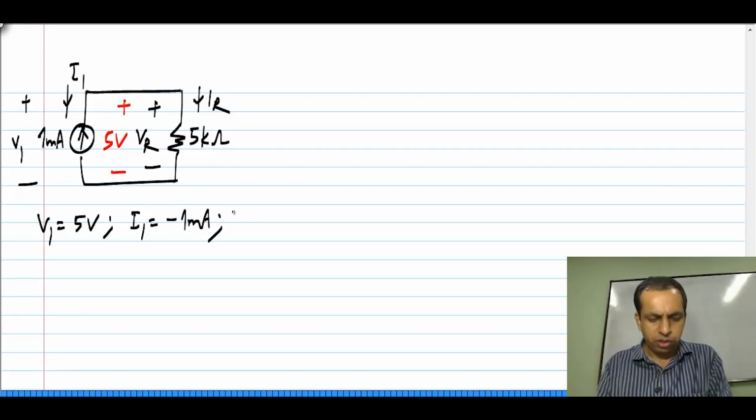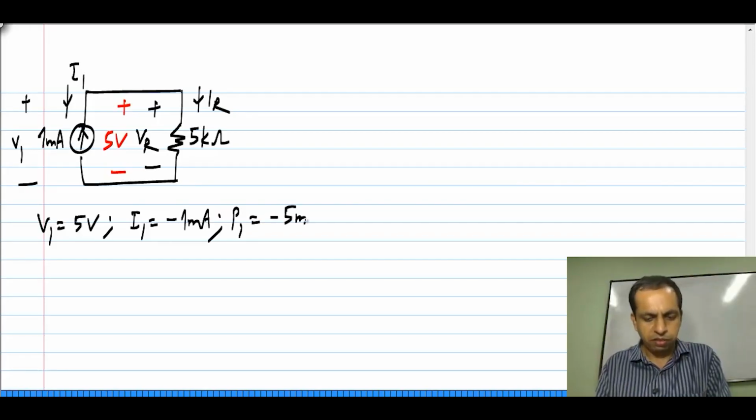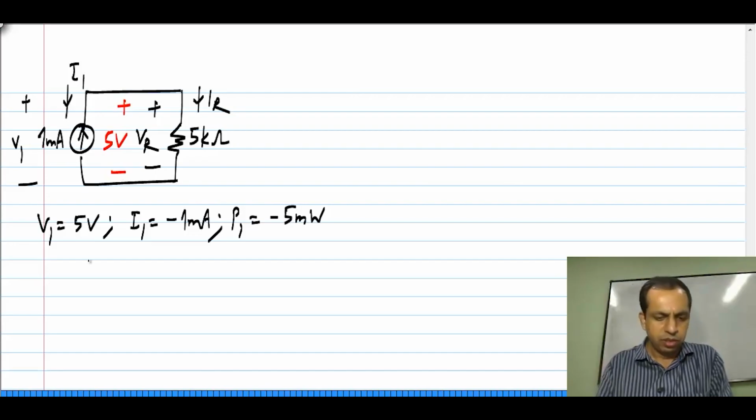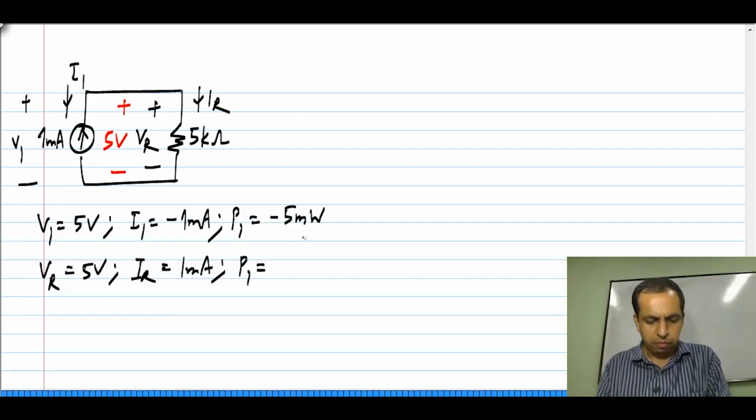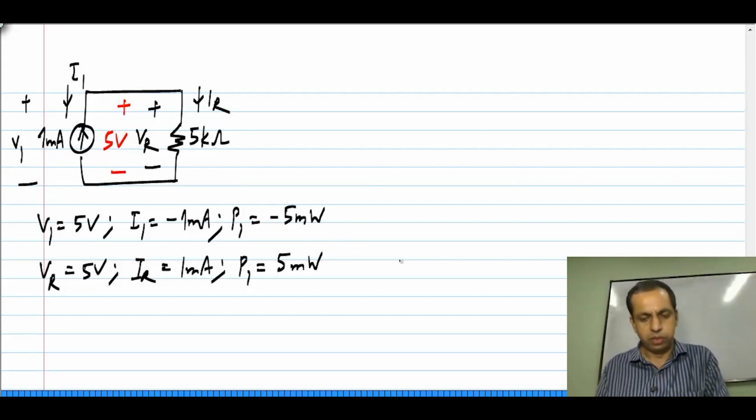So, their product P1, which is V1 times I1, is minus 5 milliwatts. And as far as the resistor is concerned, VR is 5 volts and IR is 1 milliamp, and their product is 5 milliwatts.